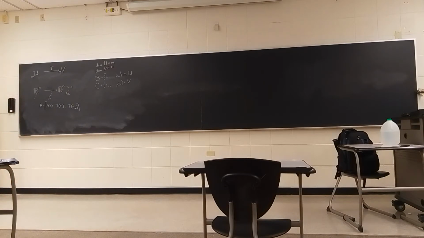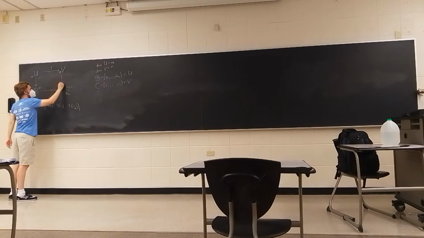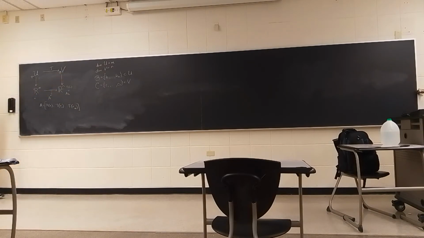Then what we can do in that situation is take an element from U and get its coordinate vector in Rm with respect to this basis, and take an element from V and get its coordinate vector with respect to the basis C in Rn. We can think of this as applying that bracket operation.